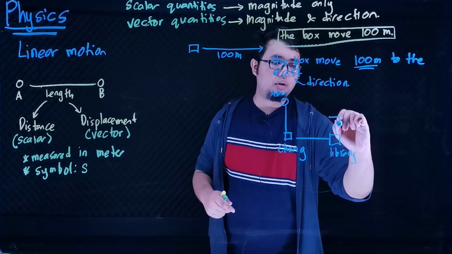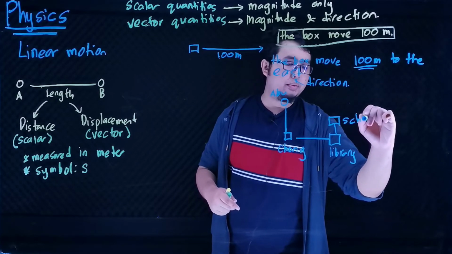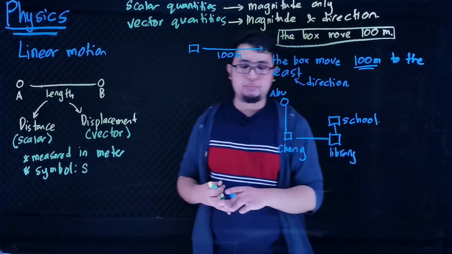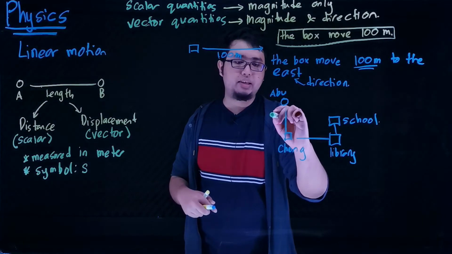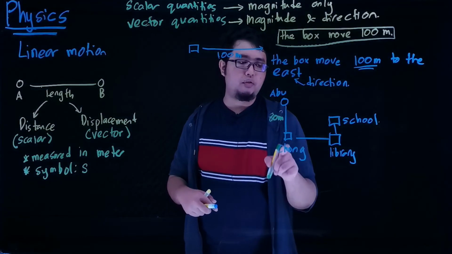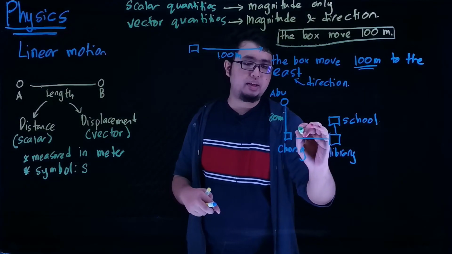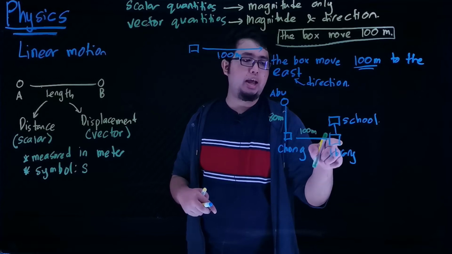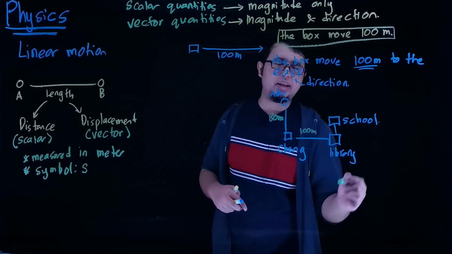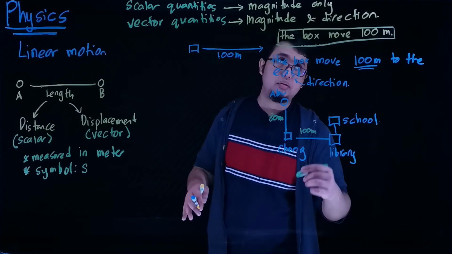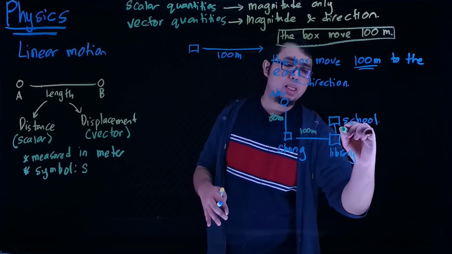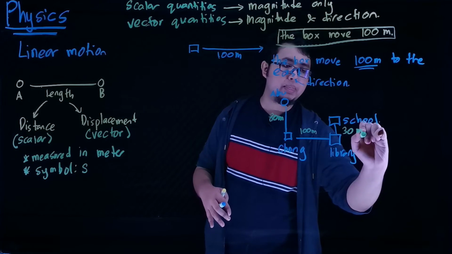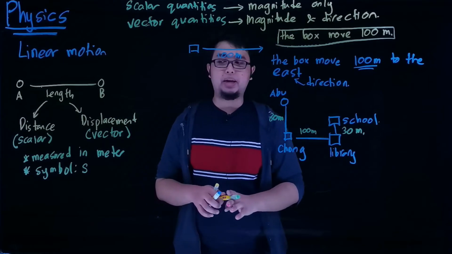Then he goes to school. Now, from his house to Chong's house, let's say this is 80 meter. From Chong's house to the library, let's say this is 100 meter. And from the library to school, it's 30 meter. Right? So what happened here?